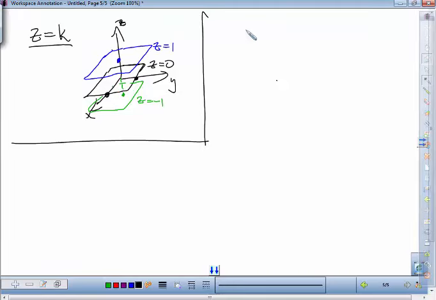So let's say in 3D, I have x squared plus y squared is equal to 1. Now, we know that in 2 dimensions, on the xy plane, x squared plus y squared is equal to 1 looks like a circle, right?